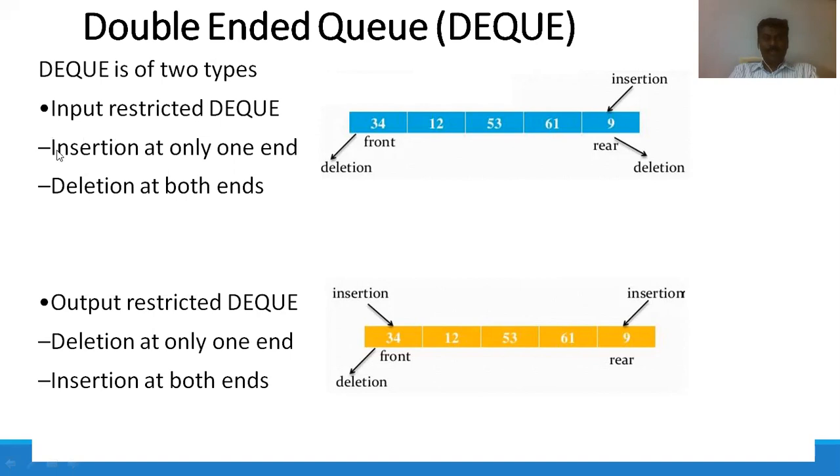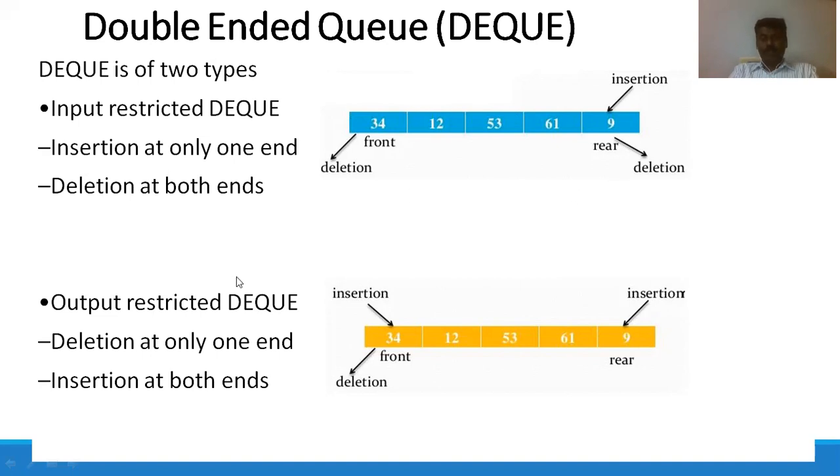If inserting is possible at only one position, but deletion is possible at two positions, it's called an input restricted DQ. Take a simple example: inserting at only one end, deletion at both ends. Here we have the elements 34, 12, 53, 61, 9. At the rear position only it's possible to insert an element, but deletion is possible at both the front position and the rear position. This is called an input restricted double-ended queue.